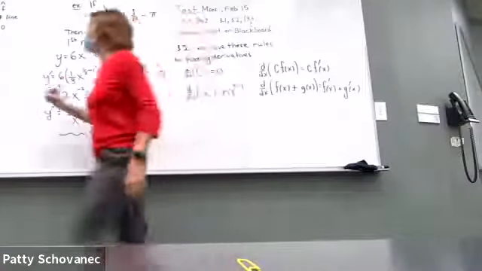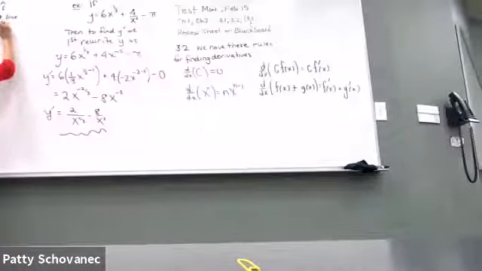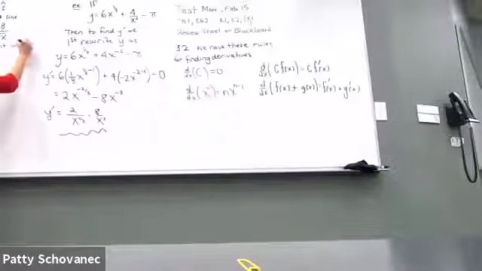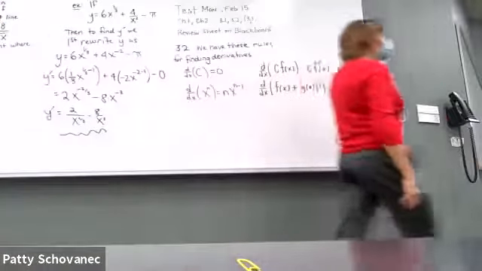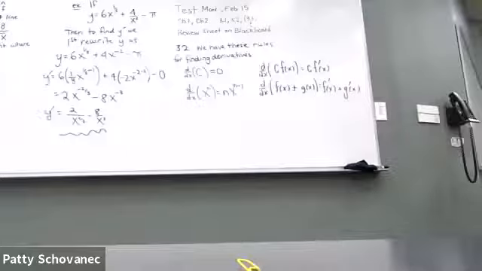Let's make that an 18. 18 over the square root of x at the point where x is equal to 9. Equation of the tangent line to that graph at the point where x is equal to 9.